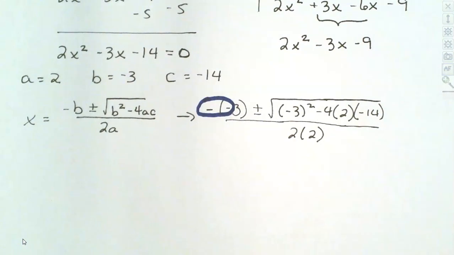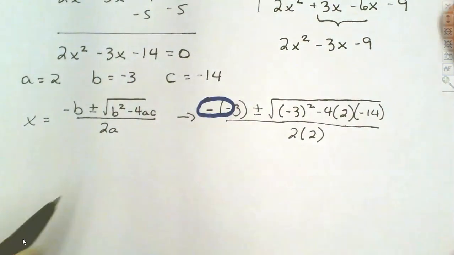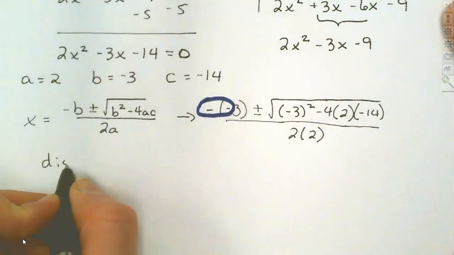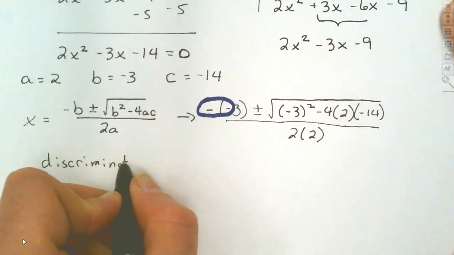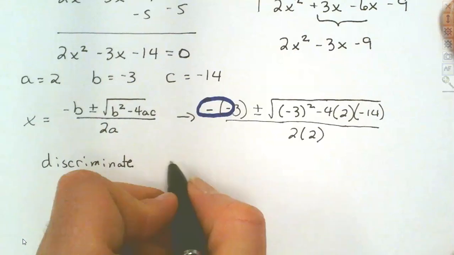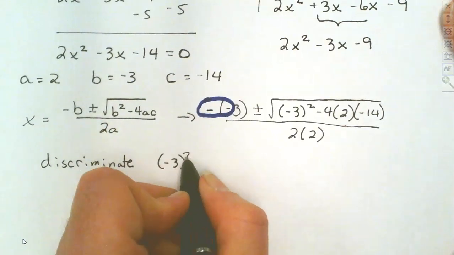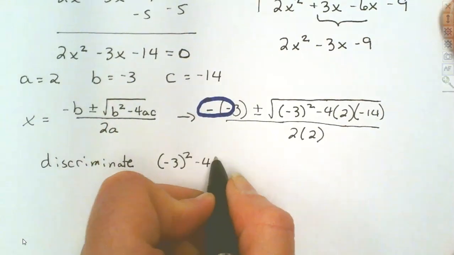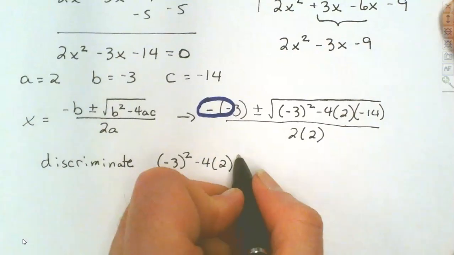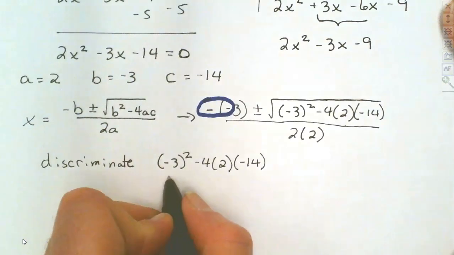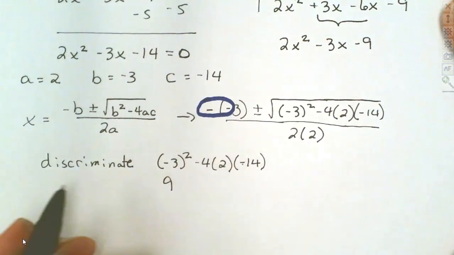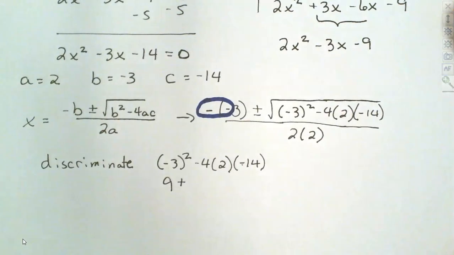We'll work with our discriminant first. And that's a minus 3 squared minus 4 times 2 times a negative 14. So 3 squared is 9. Double negative makes it positive.